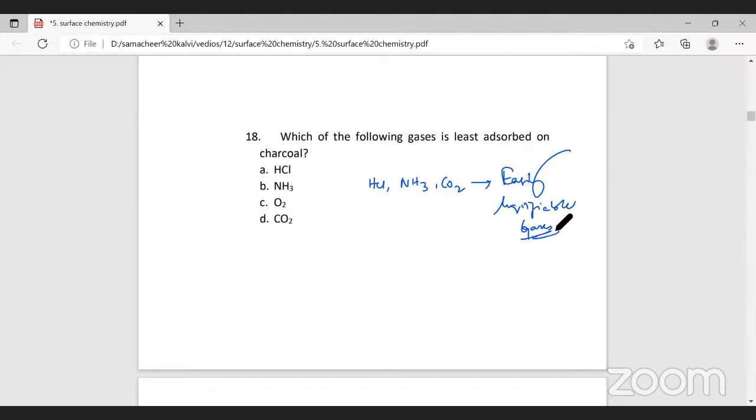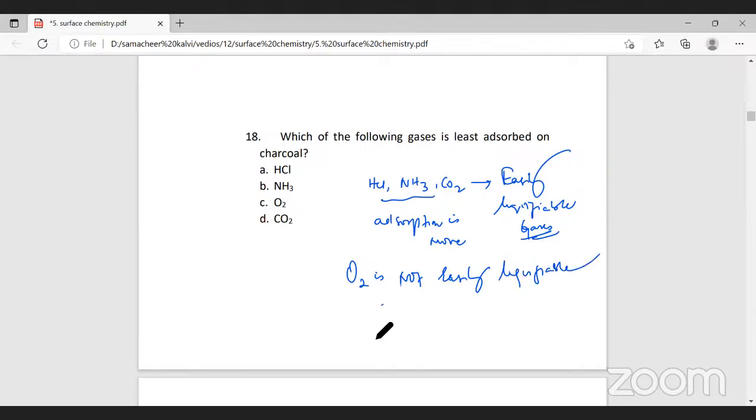Since these all are easily liquefiable gases, the adsorption of these gases will be more. But oxygen is not easily liquefiable. Since oxygen is not easily liquefiable, adsorption is least compared to all the other gases. Hence, the answer for this question is option C.